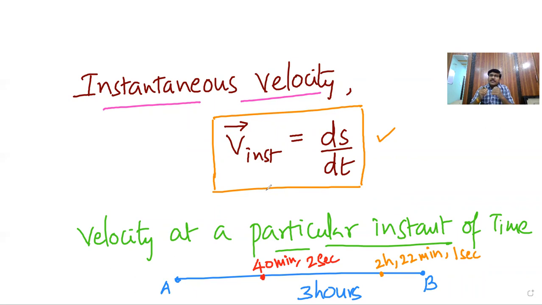In that small time dt, the displacement associated is ds. That's why instantaneous velocity is defined as ds by dt. Clear?